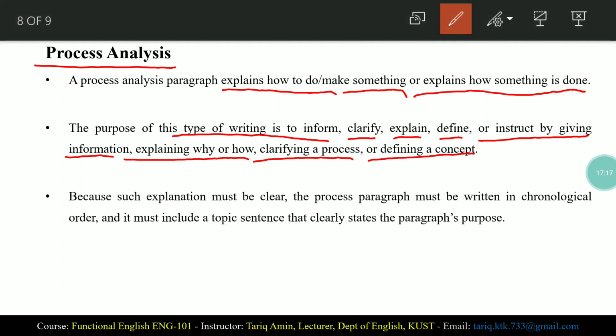Because such explanation must be clear, the process paragraph must be written in chronological order. And it must include a topic sentence that clearly states the paragraph's purpose, or the paragraph's central idea or theme.